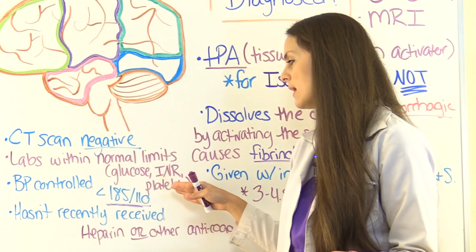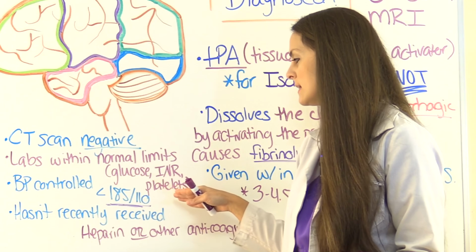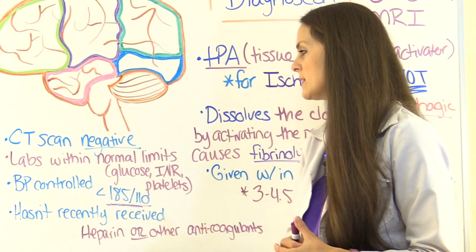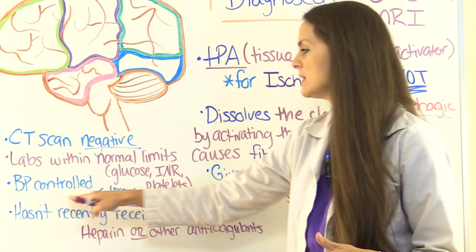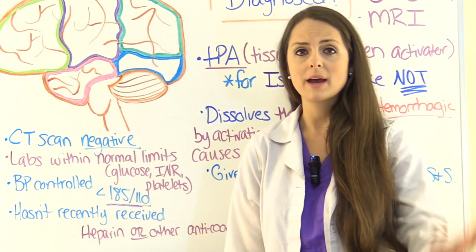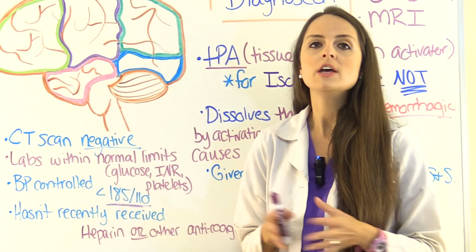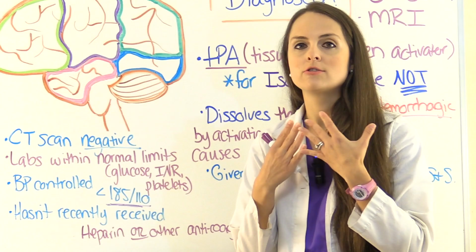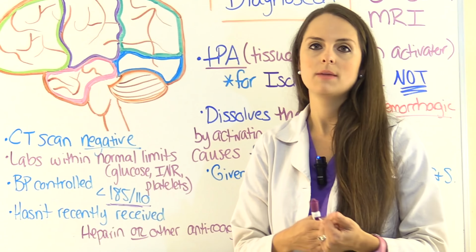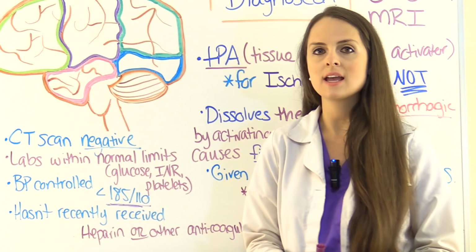Also, their clotting levels like INR and platelets should be within normal range, and their blood pressure needs to be under control. A lot of times when a patient comes in with stroke symptoms, their blood pressure is through the roof. So they need that to be under control. As a nurse, you're going to be giving some antihypertensives to bring that down.